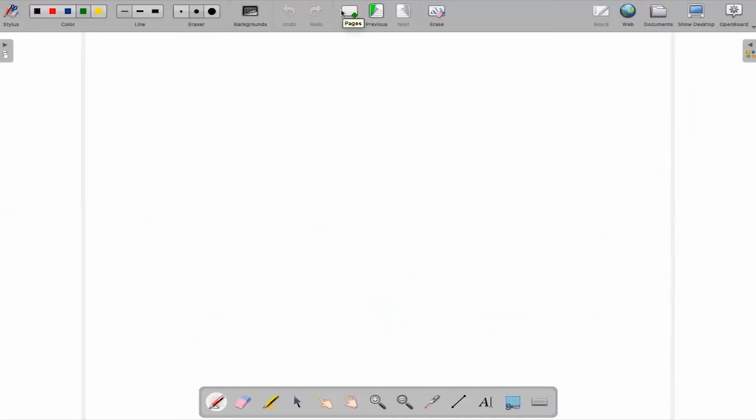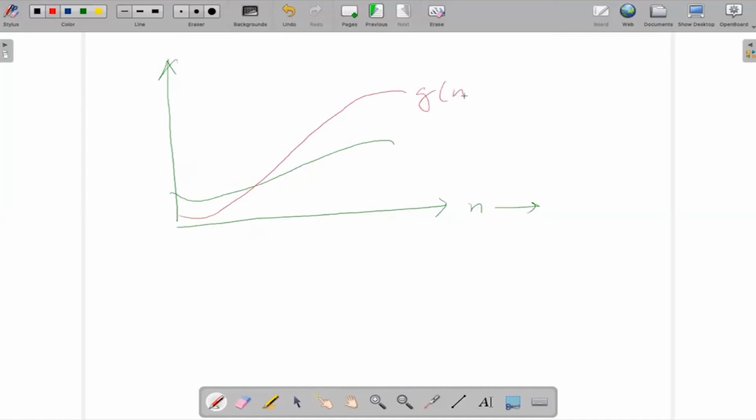So again we can very nicely pictorially describe this. So here the interpretation is that Cfn will eventually always lie below Gn.